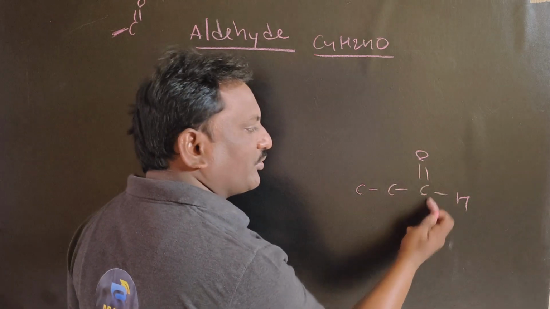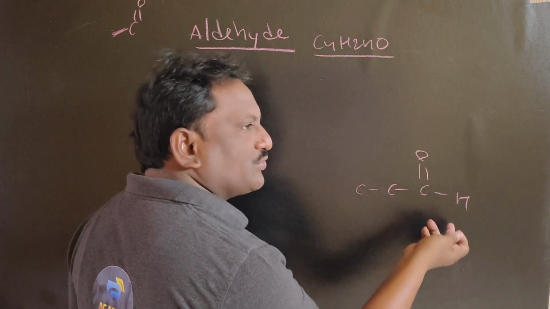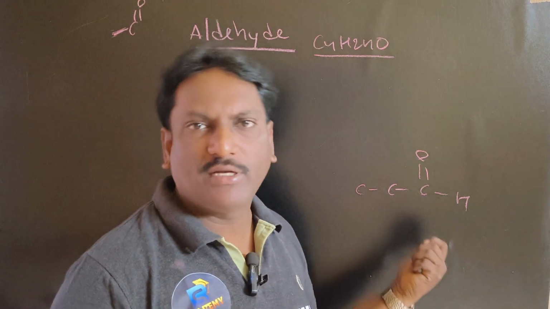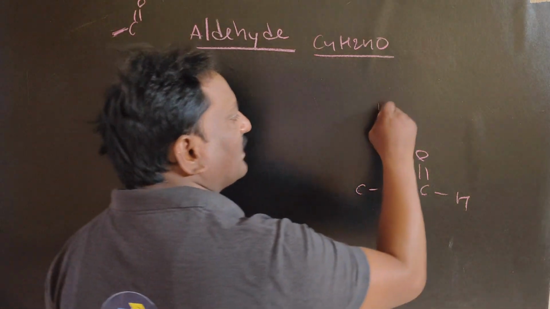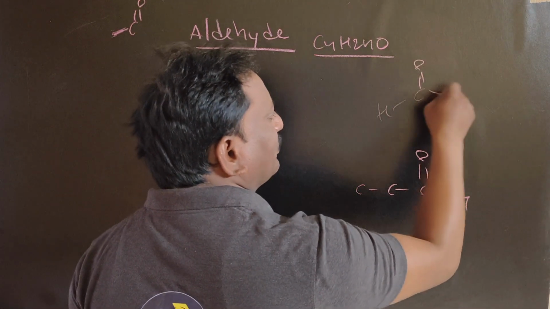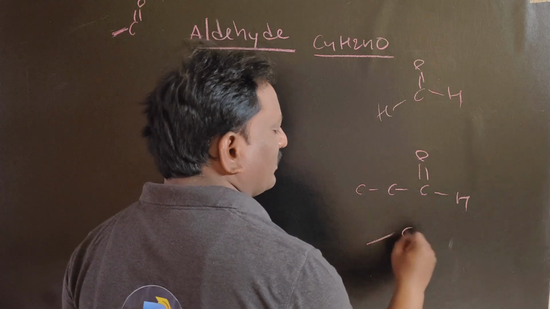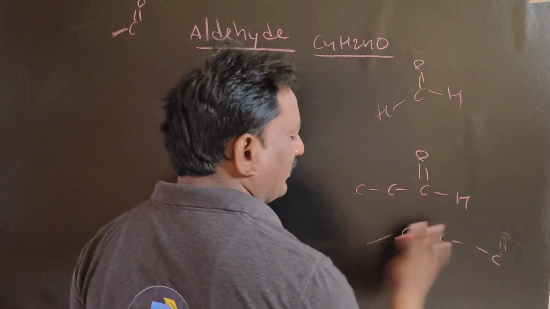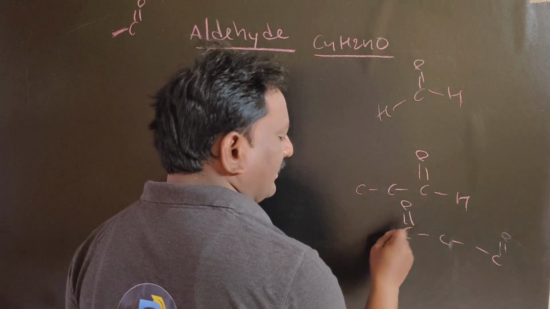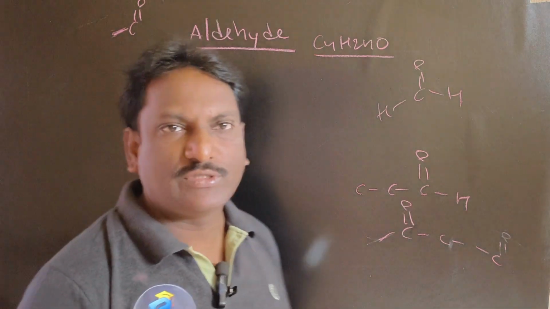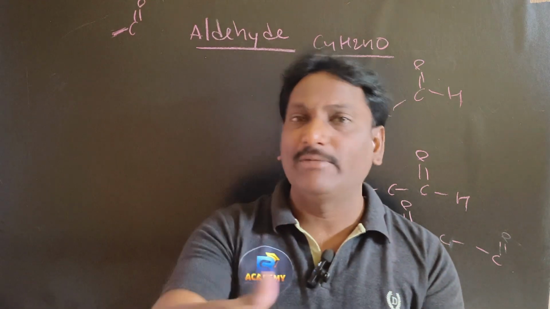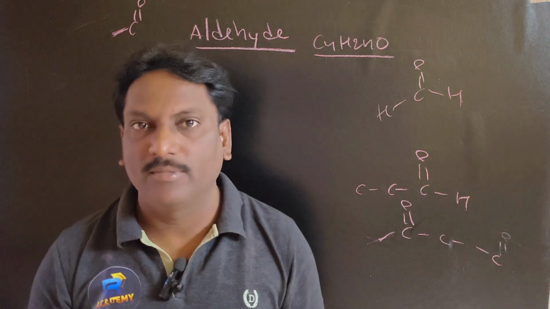The C double bond O group is present between hydrogen and carbon. So this one is also considered an aldehyde group. In the case of aldehydes, the C double bond O group is present on the terminal carbon, the end carbon.